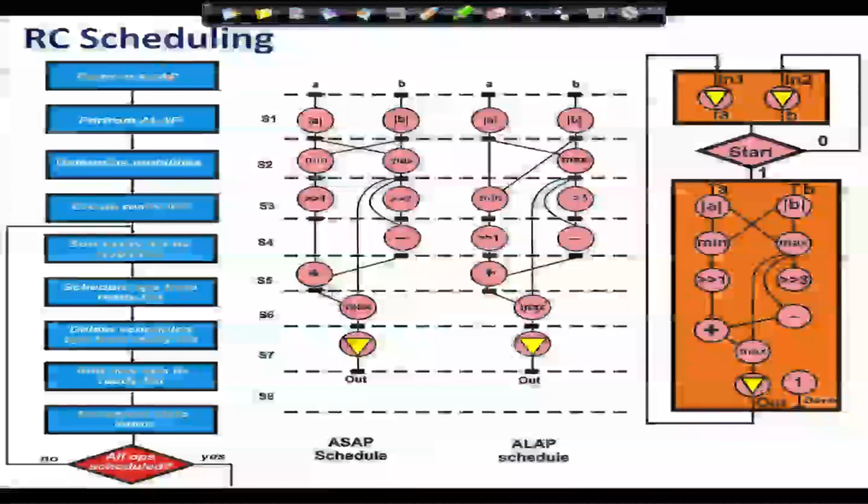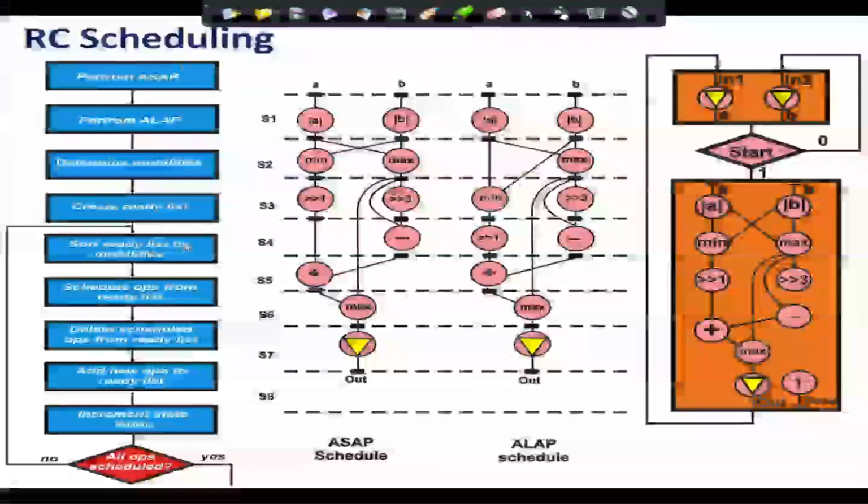First, I am performing the ASAP, I am performing the ALAP, and then I am finding out the mobilities. So, I do the same thing that was shown in the earlier slide, that I am finding the mobilities of max, min, everything, and then create a ready list. Ready list means which are the functional elements which are ready now, that means all its data are available.